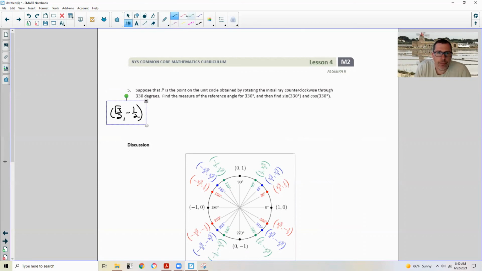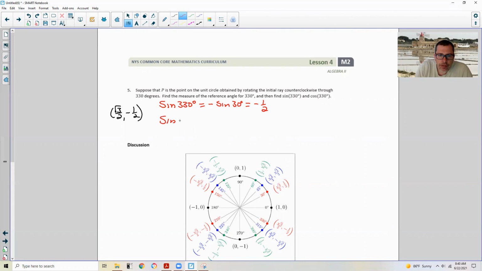All right, so it says find the sine of 330. So the sine of 330 degrees equals the negative of the sine of 30 degrees, which equals -1/2.